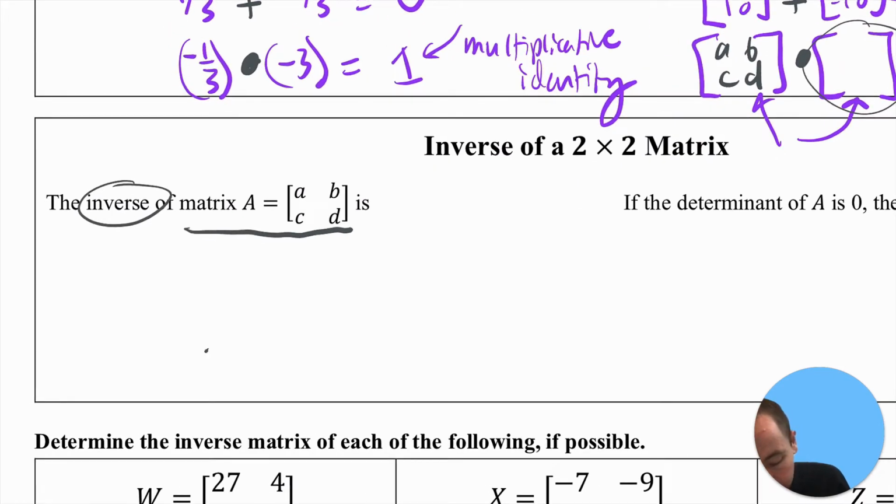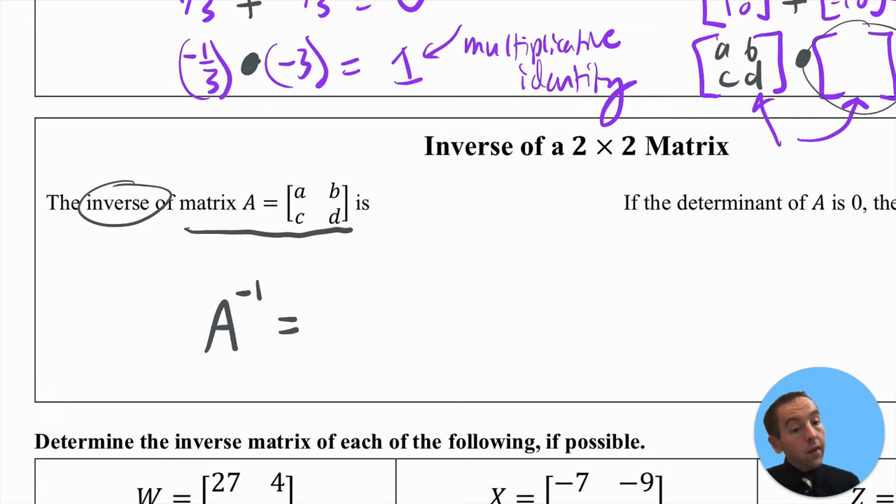We give that little -1 superscript as the symbol we use for the inverse of the matrix. I want to make really clear up front that that -1 is not an exponent. I'll say it again, it's not an exponent. It's just a symbol that we use.